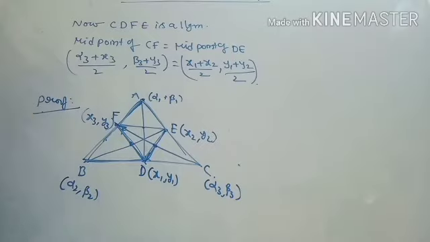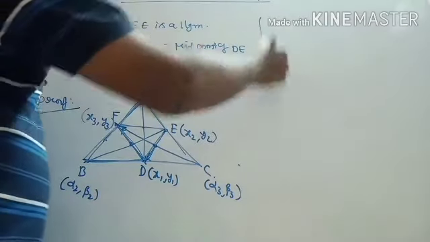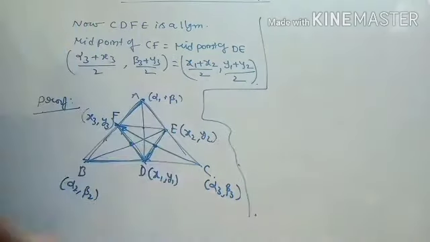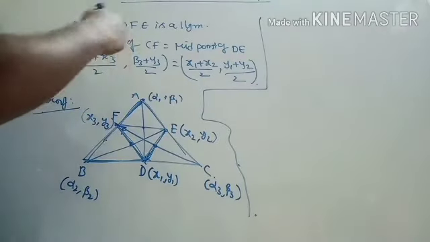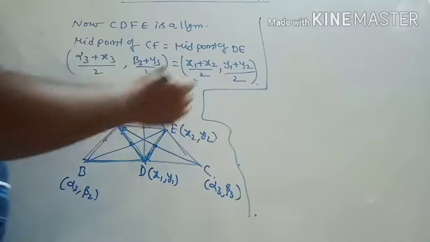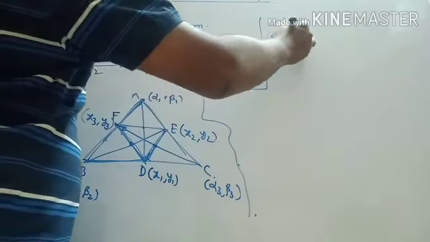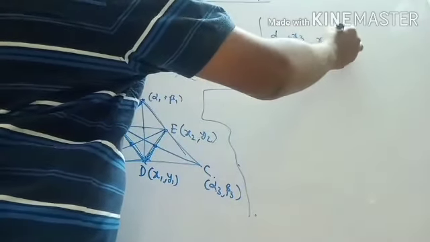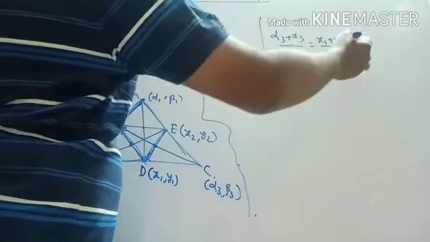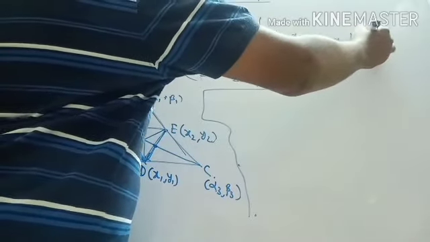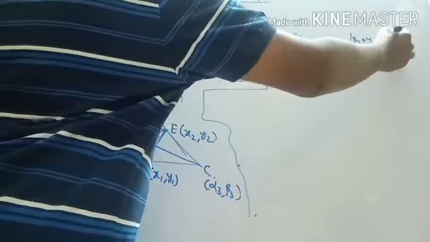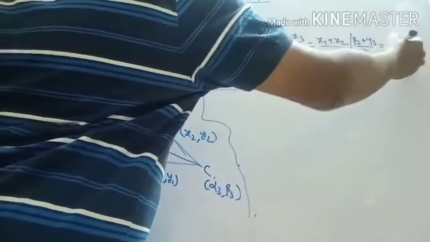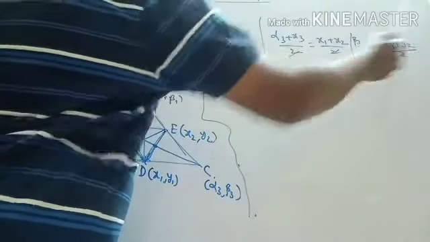Once we have got this, let us equate their corresponding x coordinates and y coordinates. That is (alpha 3 plus x3)/2 is equal to (x1 plus x2)/2 comma (beta 3 plus y3)/2 is equal to (y1 plus y2)/2. This 2 and this 2 will be cancelled.